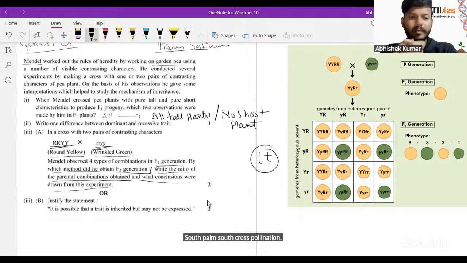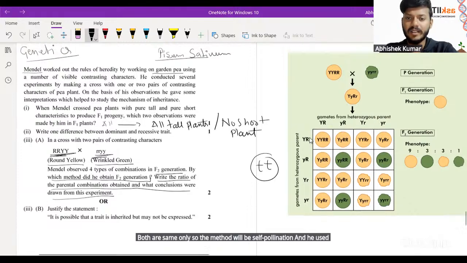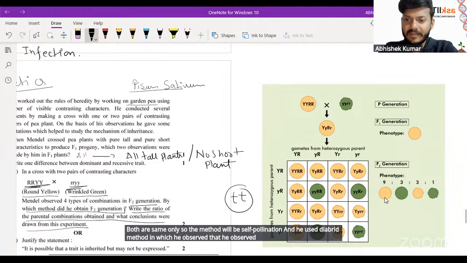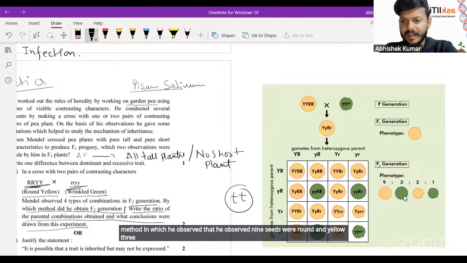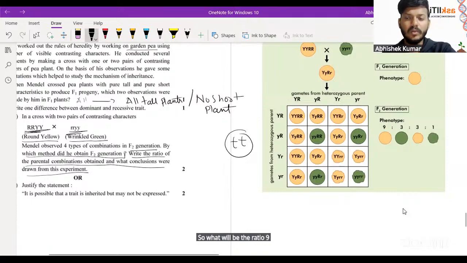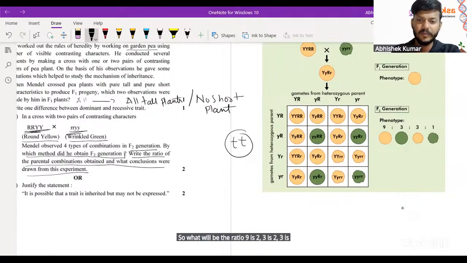So the method will be self-pollination, and he used the dihybrid method in which he observed that 9 seeds were round and yellow, 3 seeds were green and round, 3 seeds were wrinkled and yellow, and 1 seed was wrinkled and green. So what will be the ratio? 9 is to 3 is to 3 is to 1.